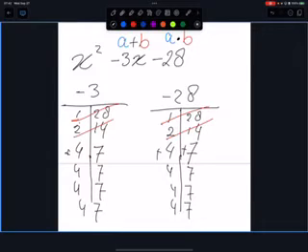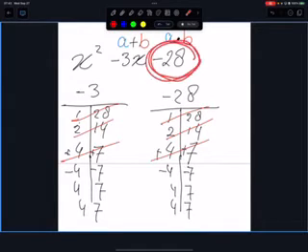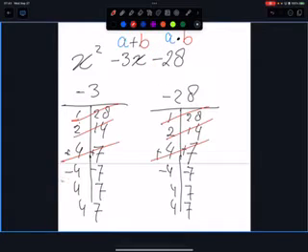That is not a solution. Why is it not a solution? Both of these are negative. So my two numbers cannot be positive. Can they be negative? Let's try. If both are negative, then my answer in the back is positive. So both of them cannot be negative. So this is not an option.